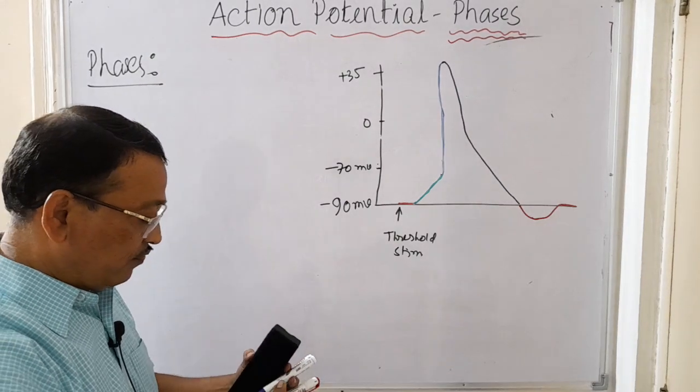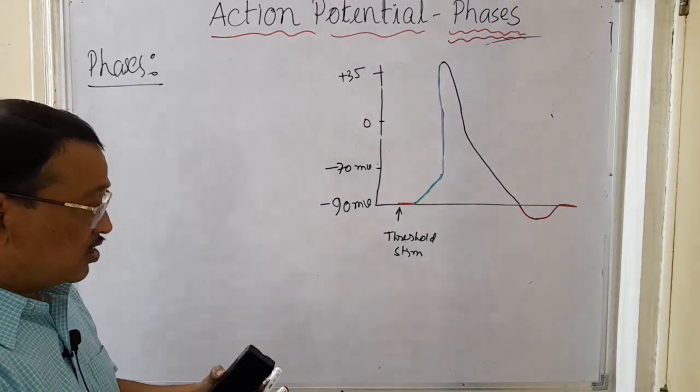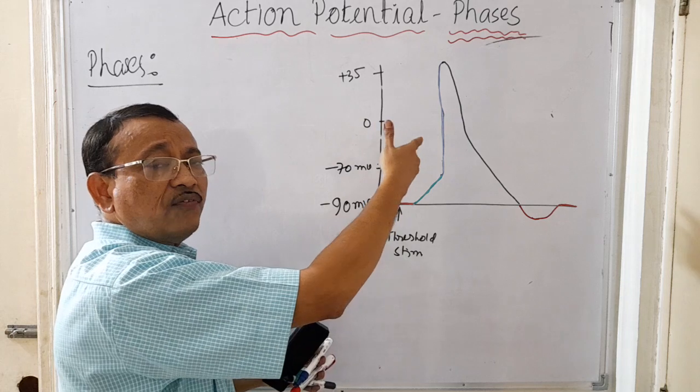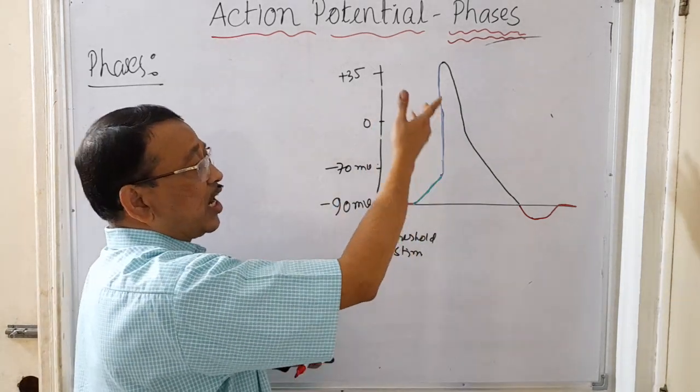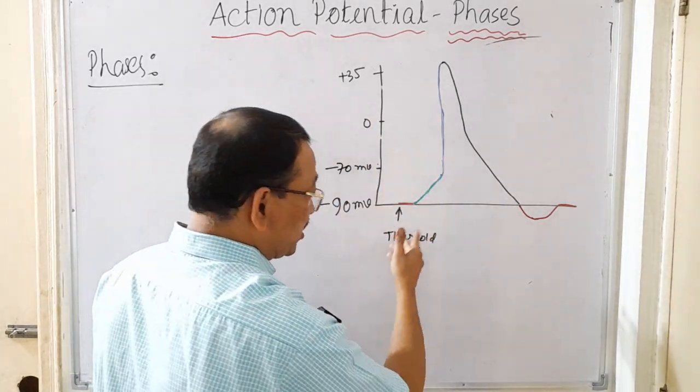So these are the different phases in which the potential difference changes across the membrane in response to the threshold stimulus.